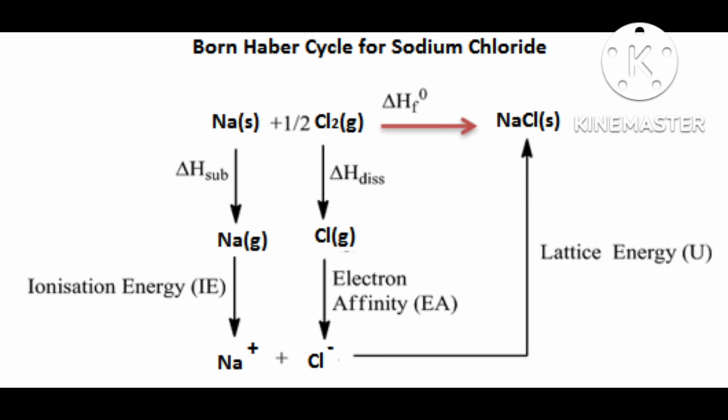Then what will you conclude? This reaction has a plus delta H, delta H value is plus 178.3 kilojoule per mole. It means it is an endothermic reaction. It is an endothermic reaction. Like that, numericals will be asked.